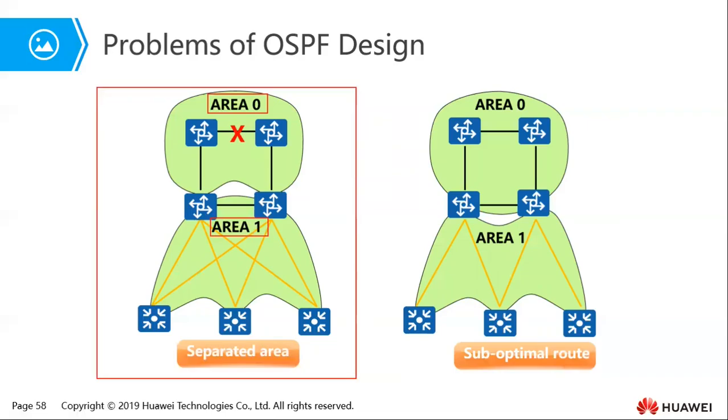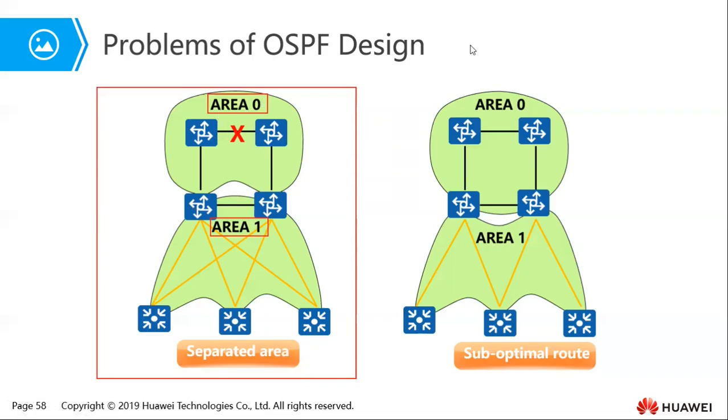Remember, all other areas have to communicate via area 0. So if we have a link fault there, then we might have a problem with the communication.